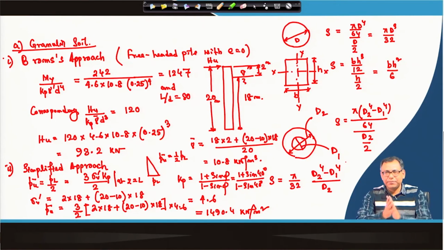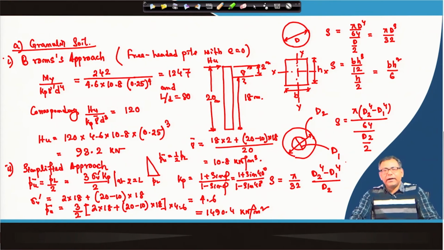For the Broms approach, either you can use the equations that I have given, or you can use the charts, because those charts are developed from those equations, or you can use the simplified approach, but I would recommend that you use the Broms approach to determine the ultimate lateral load carrying capacity of the pile.